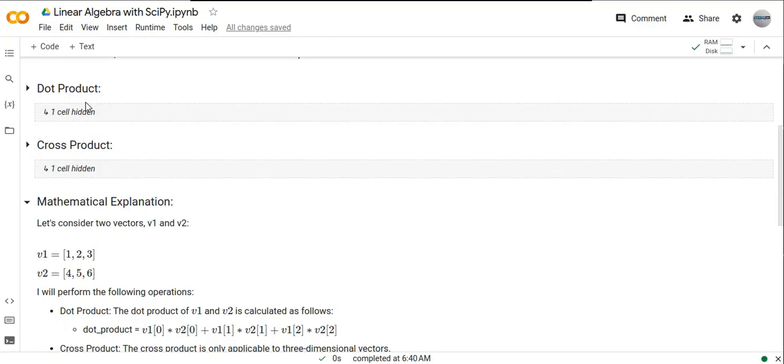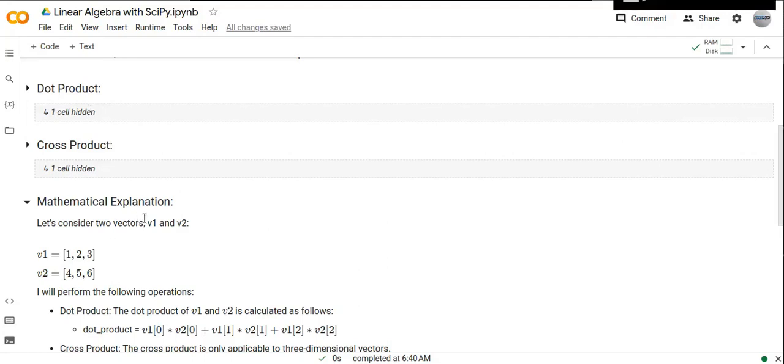It is not like a dot product, but it's just known as a vector product, basically specific to three-dimensional vectors, and it returns a vector that is perpendicular to both input vectors. The cross product is used in geometry and physics to calculate the normal vector of a plane or to compute torque in mechanics.